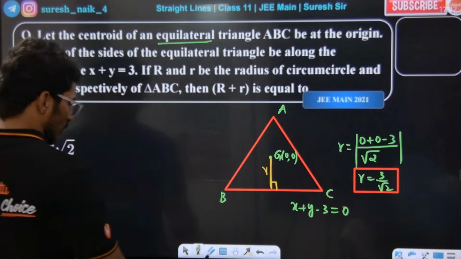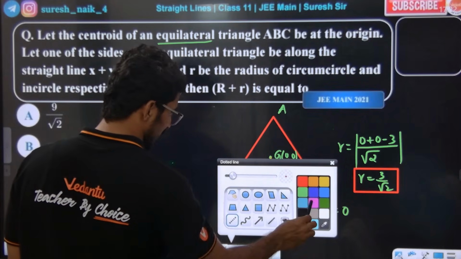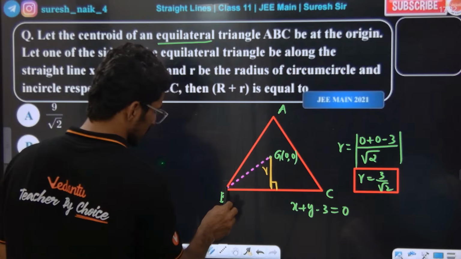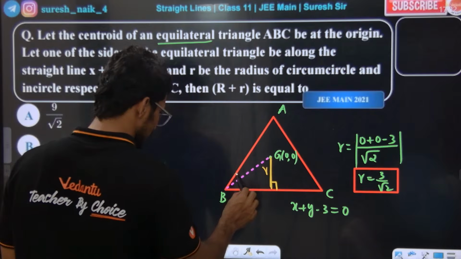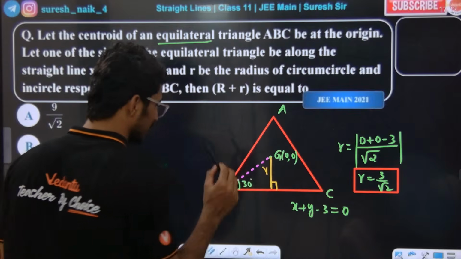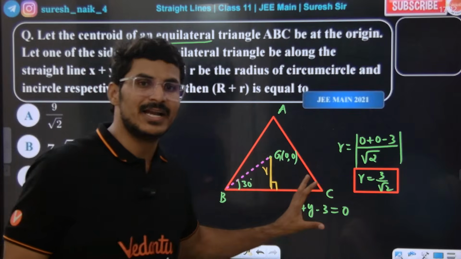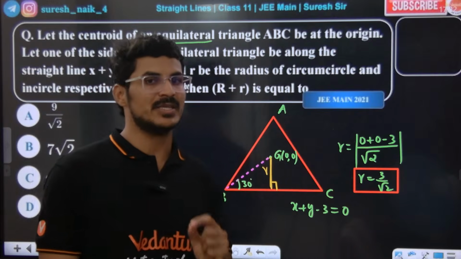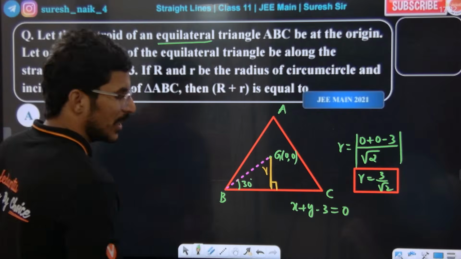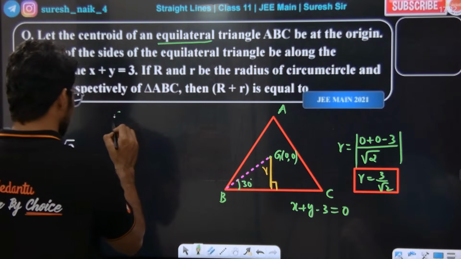Now if you look carefully at this, the total angle is 60 degrees because of the equilateral triangle. This is going to be 30 degrees. This is an equilateral triangle, so the angle at each vertex is 60 degrees. Now can I apply sin theta?